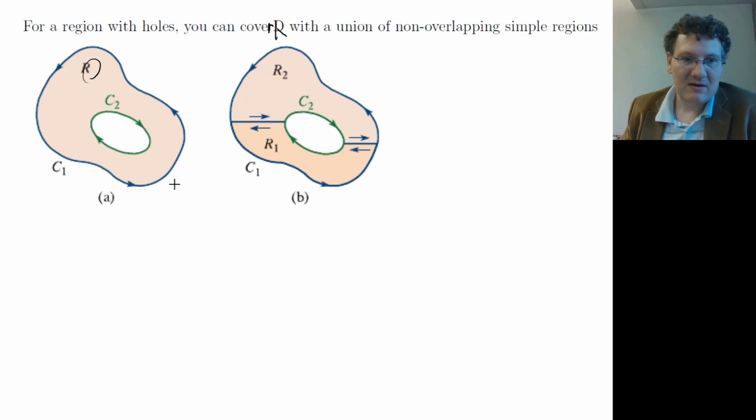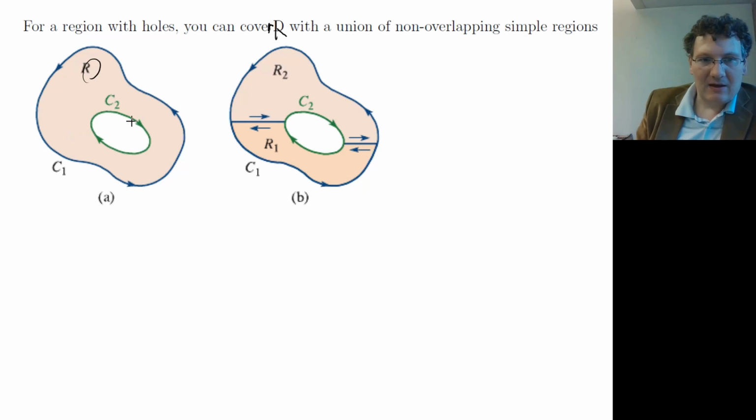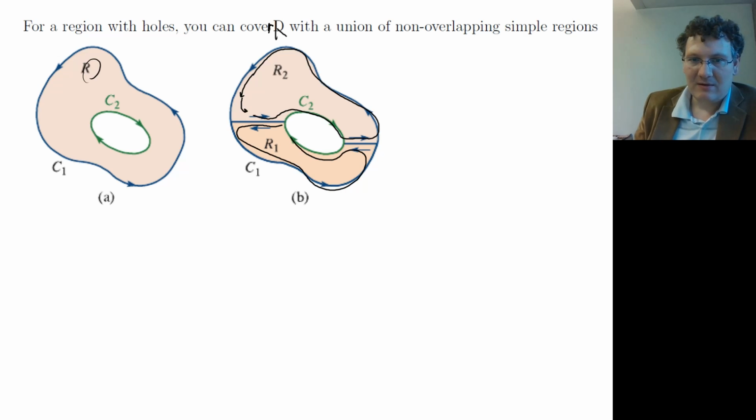As long as the inner circle has the opposite orientation as the outer loop, we're going to go this way, come around, and go around here. This is counterclockwise, that's the positive orientation. Then you create another positively oriented curve, C1 and C2, and you're able to use Green's theorem and split the region into a sum of two integrals.